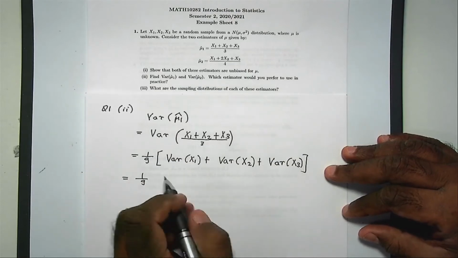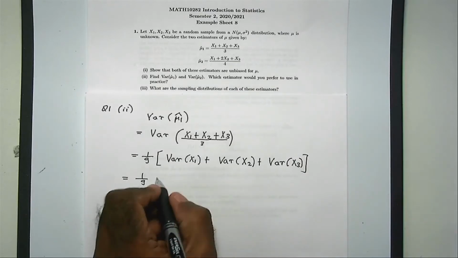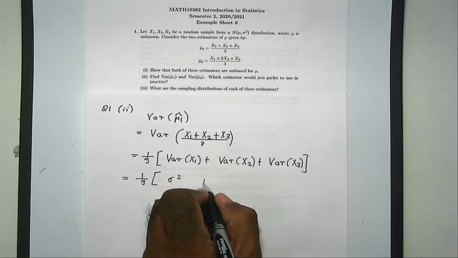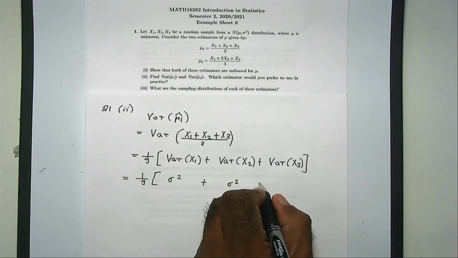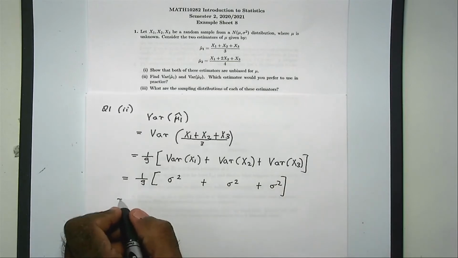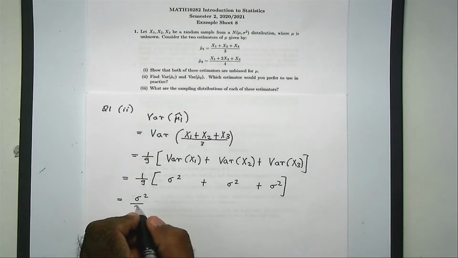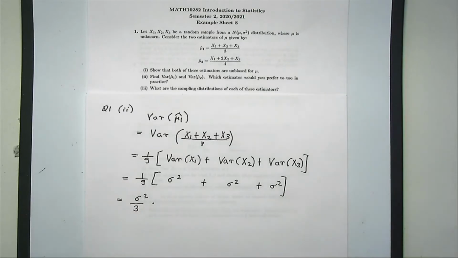Now we know that each data point has variance sigma squared, so what you have is sigma squared plus sigma squared plus sigma squared. So it's 3 sigma squared divided by 9, which is sigma squared divided by 3. So this is the variance of the first estimator.